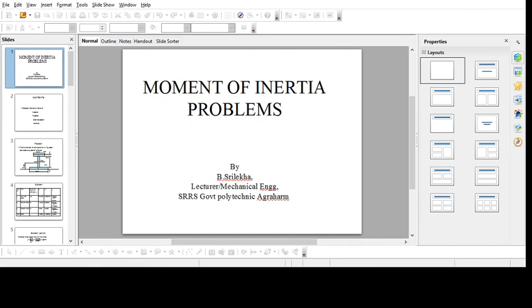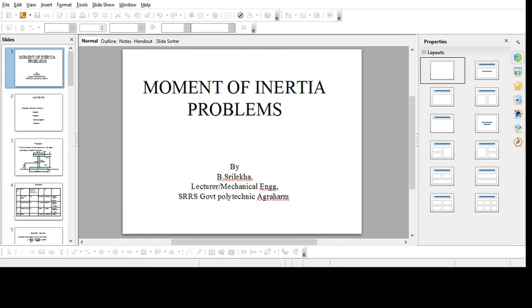So in this class we have learned how to find the moment of inertia of different composite sections. Once again, a simple recap. You have to divide the entire composite figure into definite simple plane sections.